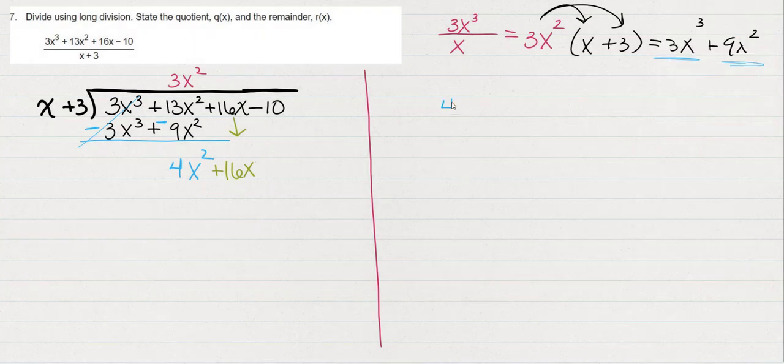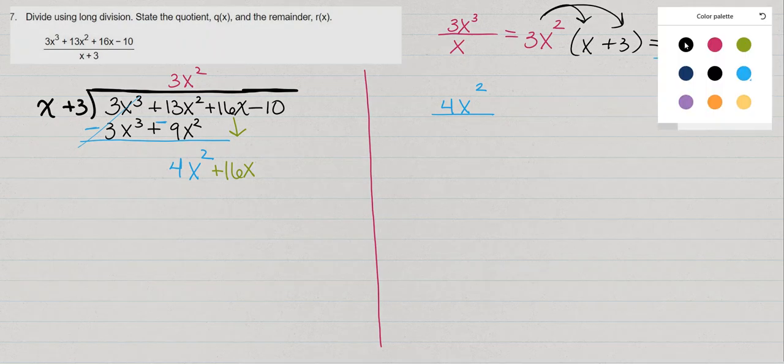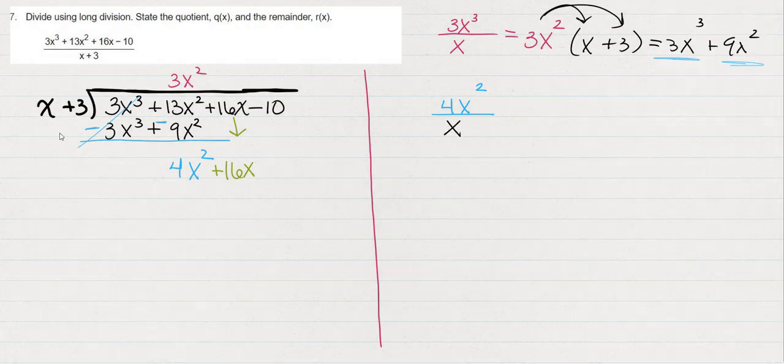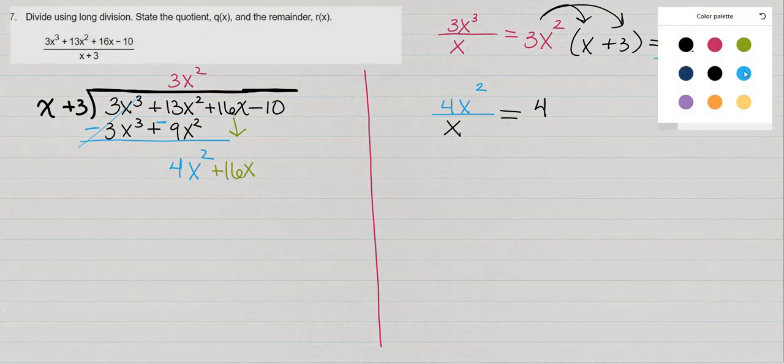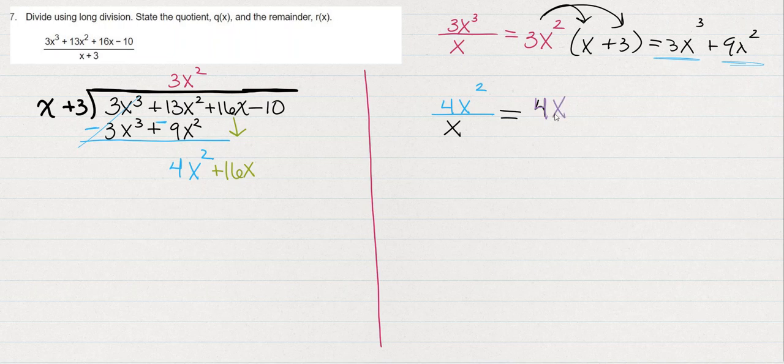So we'll take our 4x squared and divide that by x. We're dividing by x plus 3, but to get the quotient, we can take just the first term, the 4x squared, and the first term, the x, and divide those. So we'd get 4x. So that's the next part of our quotient.